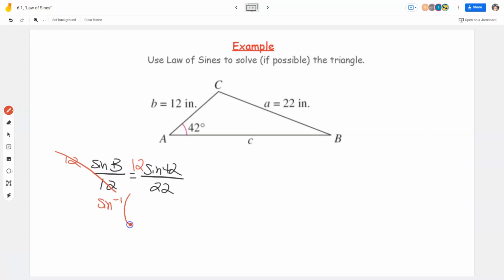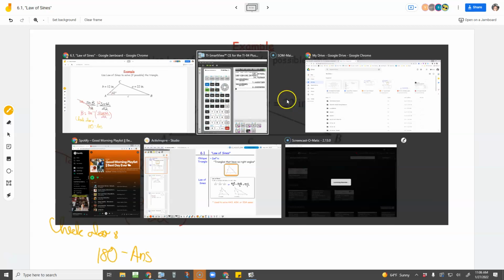Sine inverse of 12 sine of 42 all over 22 is us looking for B, but we're also going to check also 180 minus answer, right? What's happening when you're plugging this into your calculator?